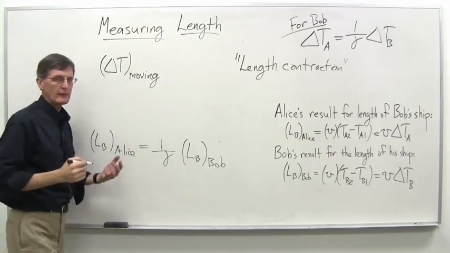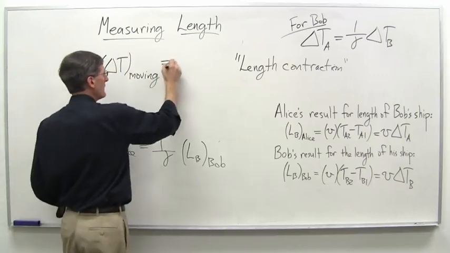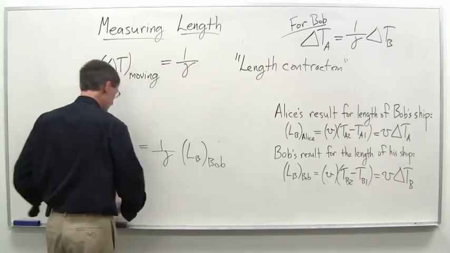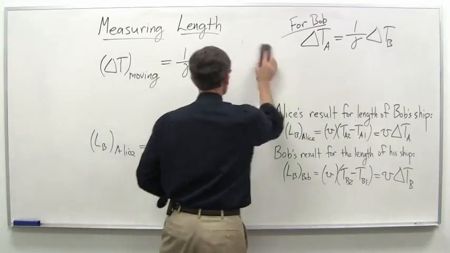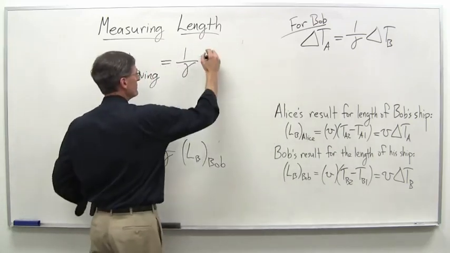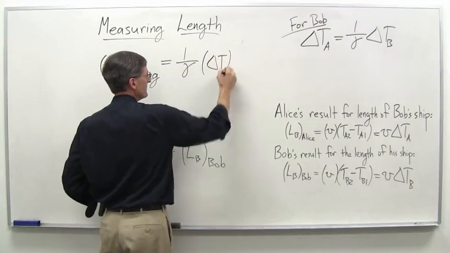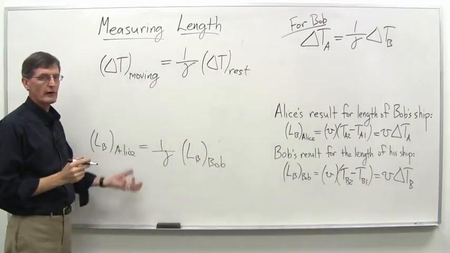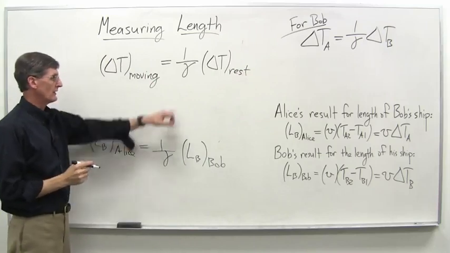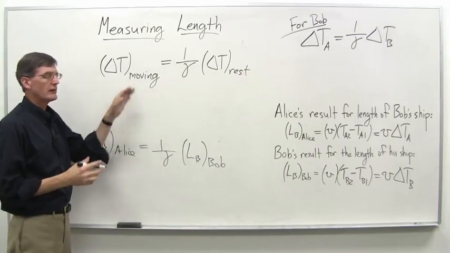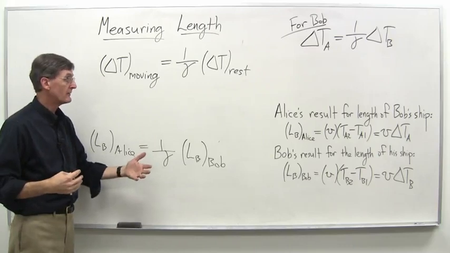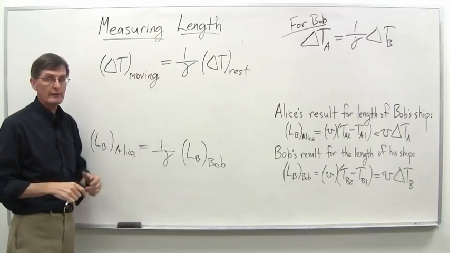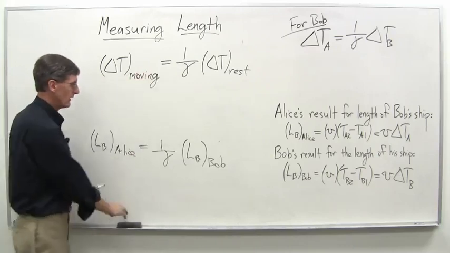The elapsed time on a moving clock is 1 over gamma times delta t on a clock at rest. Okay, that's the so-called time dilation equation. Gamma being greater than 1, the elapsed time on a moving clock is less than when it's compared to the elapsed time of an identical clock at rest.